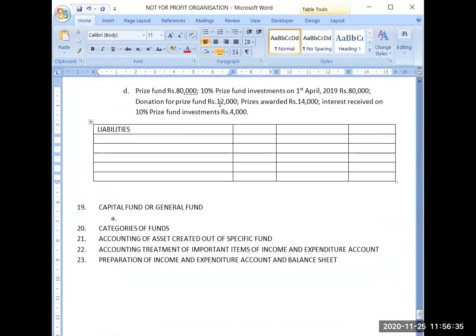80,000 is the balance. Here the special point is that 10% is the rate of interest on prize fund. So our interest should be 8,000. However, we have received only 4,000, but our income, including accrued income of this investment, will be 8,000. So we will not add only 4,000, we will add the rest of the 4,000 as accrued income also.